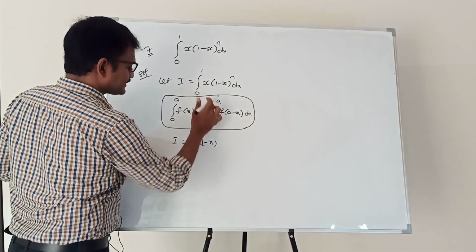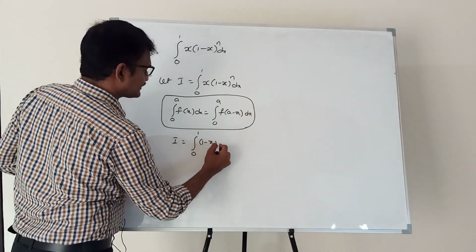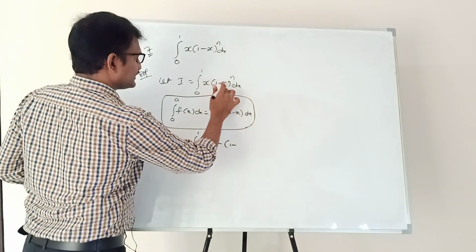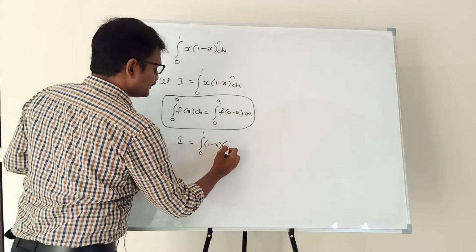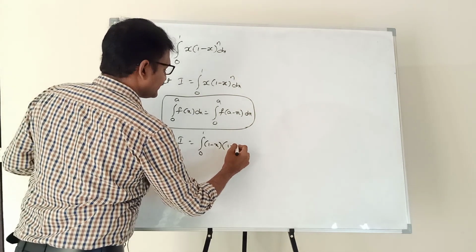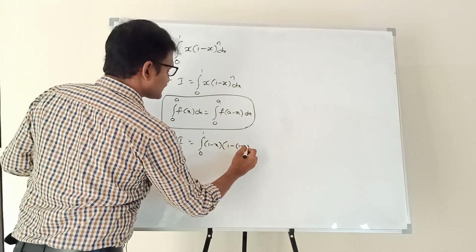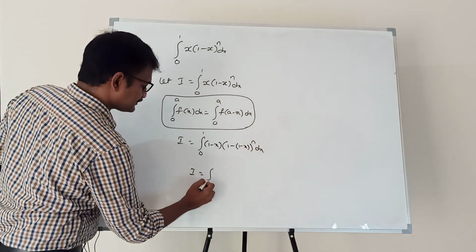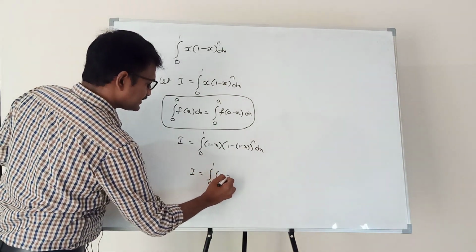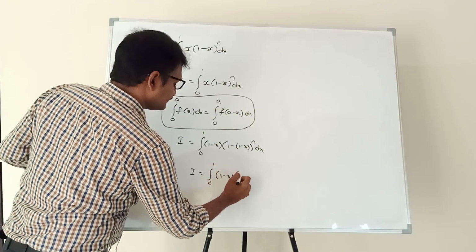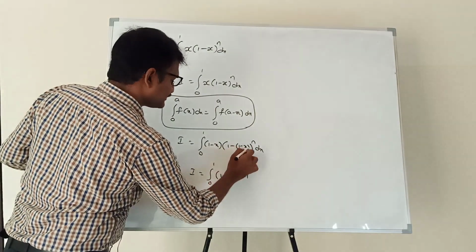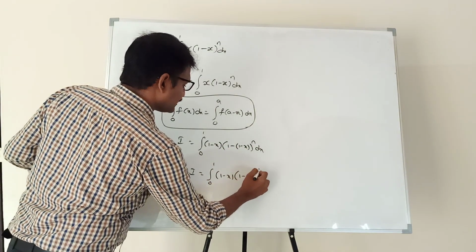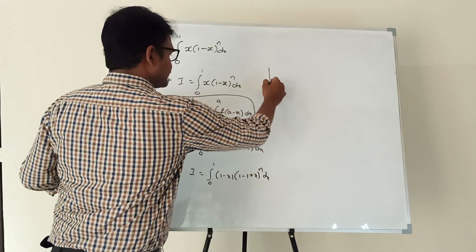In the place of x, replace x with 1 minus x, so 1 minus x into 1 minus, in the place of x, 1 minus x, whole power n dx. So I is equal to integral from 0 to 1 of 1 minus x into 1 minus 1 plus x, whole power n dx.